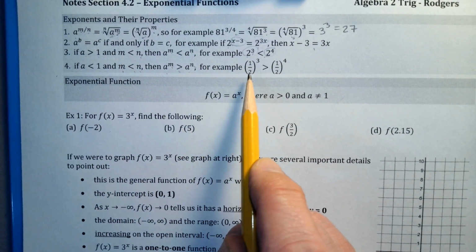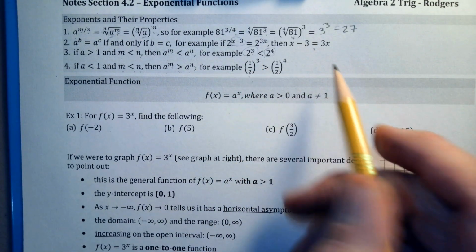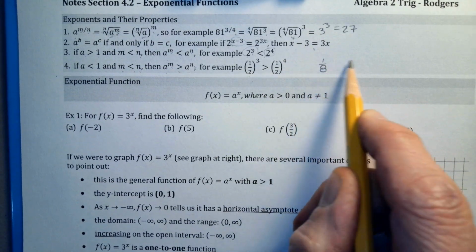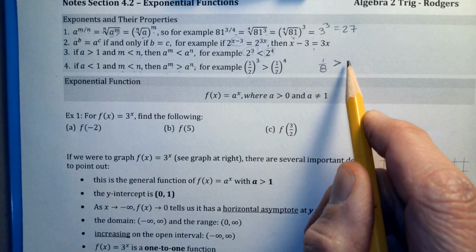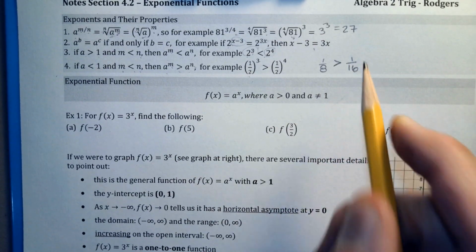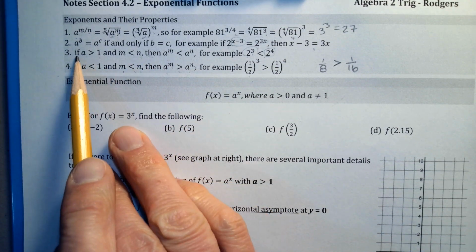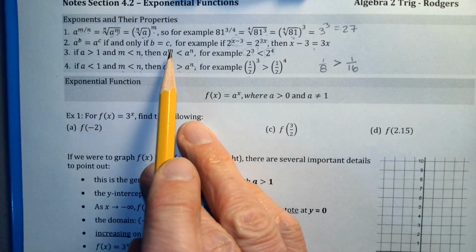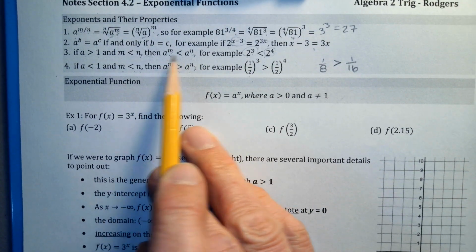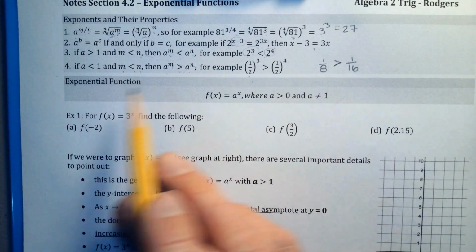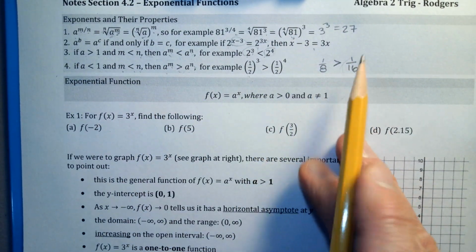Let's go through the example. If a is 1/2, then 1/2 to the third is 1/8. That's going to be greater than 1/2 to the fourth, which is 1/16. So if a is greater than 1, the bigger exponent makes it even bigger. But if a is less than 1, the bigger exponent actually makes it smaller. Okay.